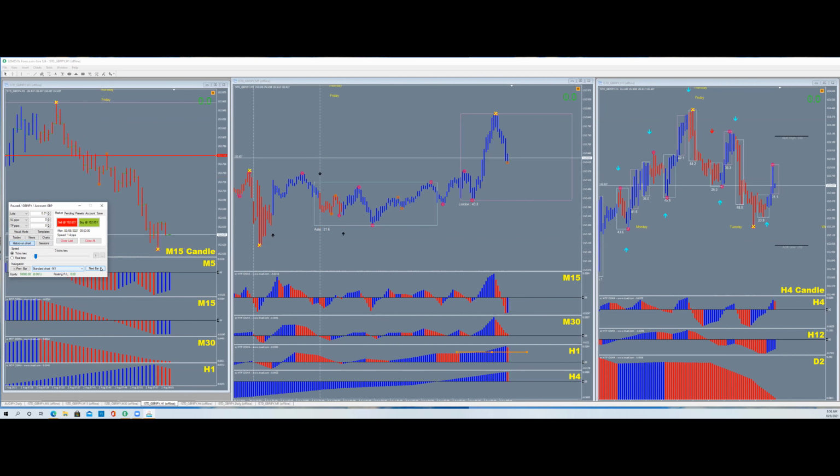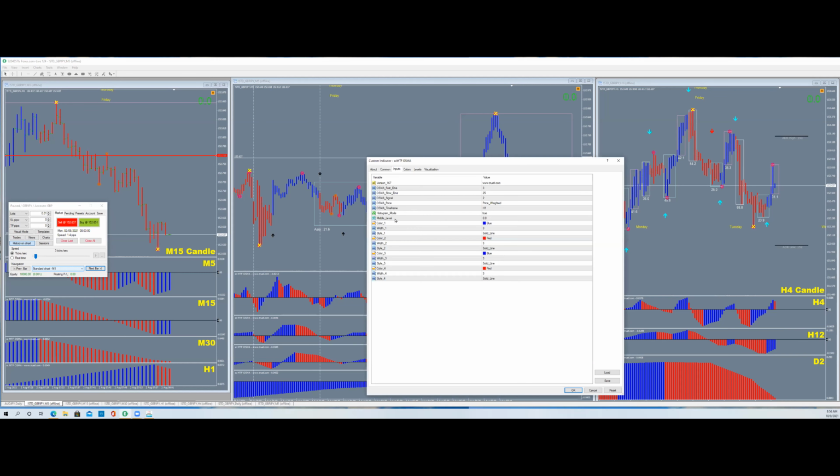So when we identify transitions, do we mainly look at the 12 hour to help with that? Now, you're looking at 3 on the 1 hour, right? H4, H12, and D2. Any 2 in sequence, if they're in sync, you have a trend in a certain direction. You're just waiting for the third to come into sync with the other 2, right? So in this case, the H4 and H12 were blue and they're in sync.